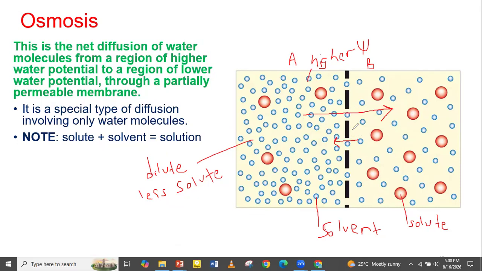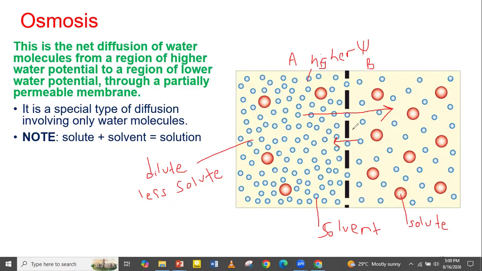And we can also say that these water molecules are moving down a water potential gradient. Down a water potential gradient simply means they are moving from a region of higher water potential to a region of lower water potential.